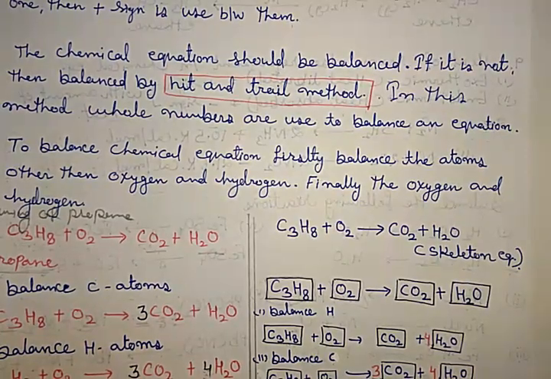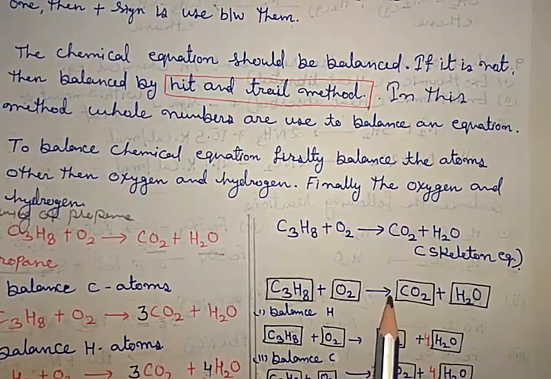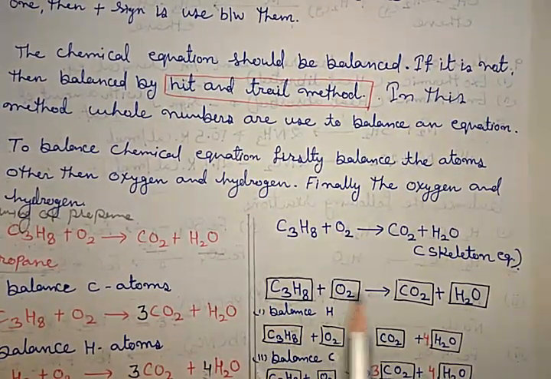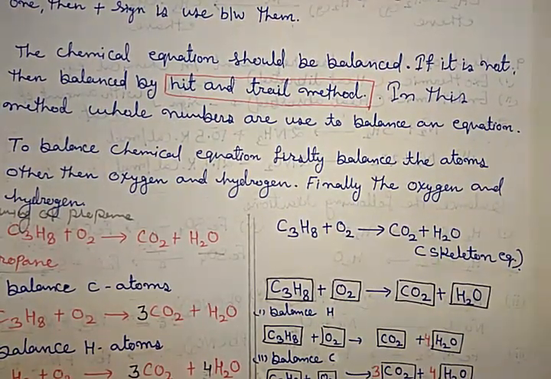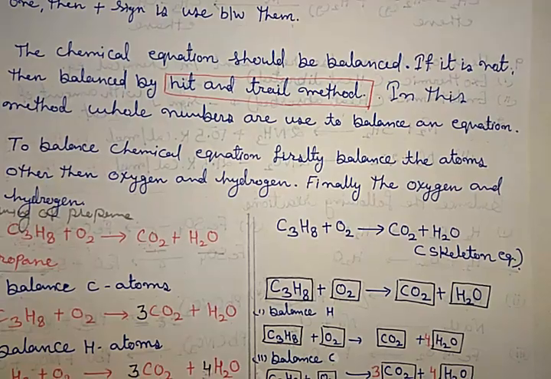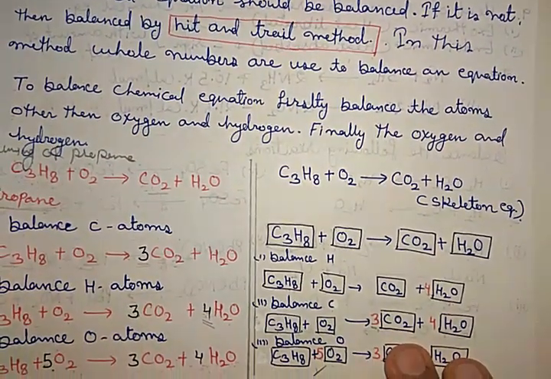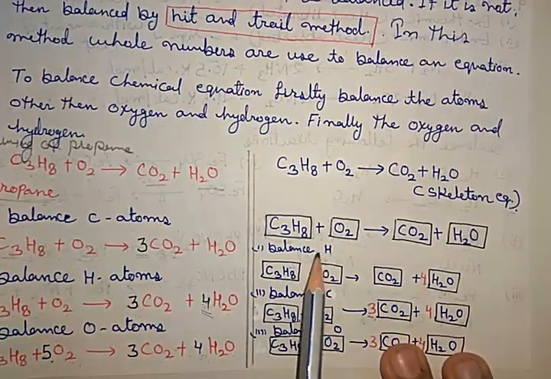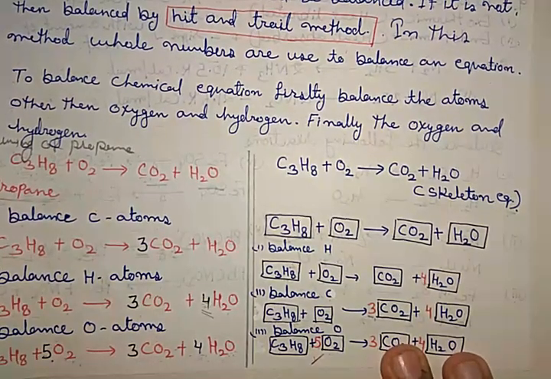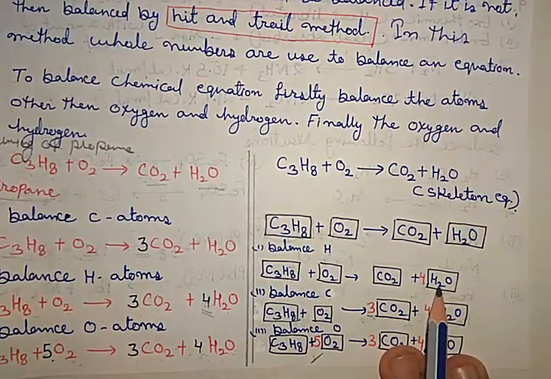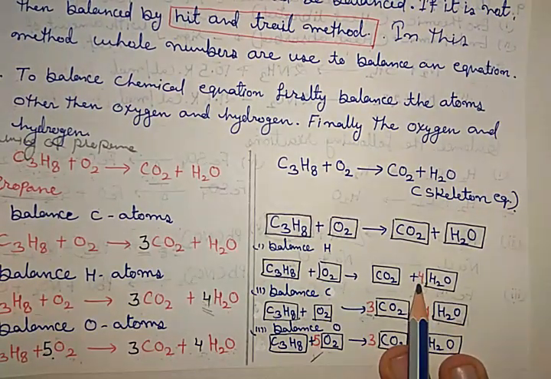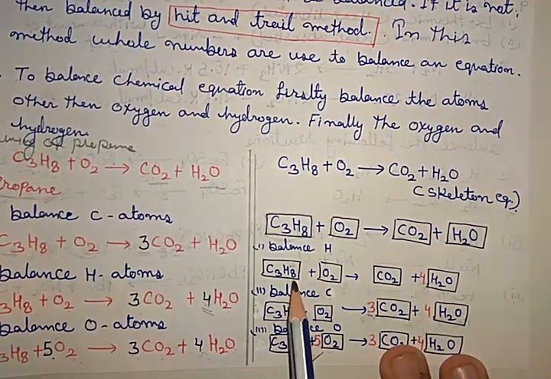There is only one thing we can do, that is placing a number before these compounds to balance the chemical equation. For example, balancing of hydrogen, that is 8 hydrogen here and 2 there, so we place 4 here, so 4 times 2 is 8.